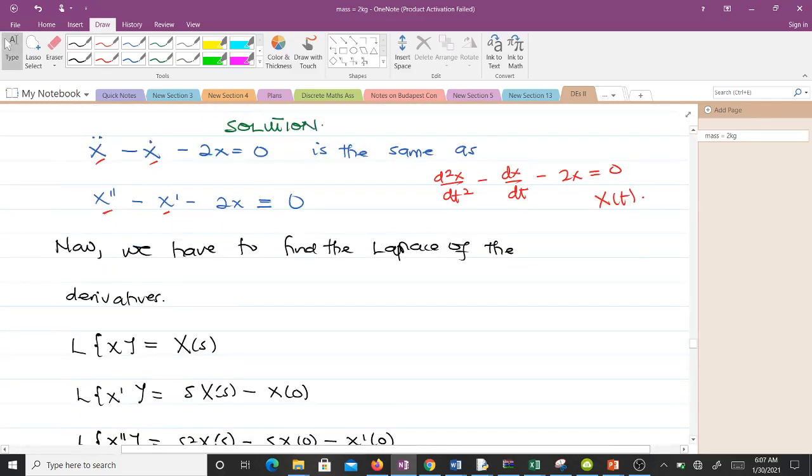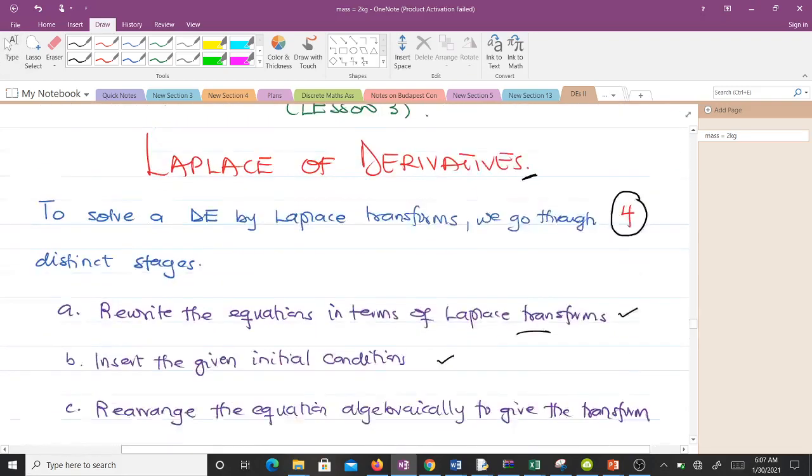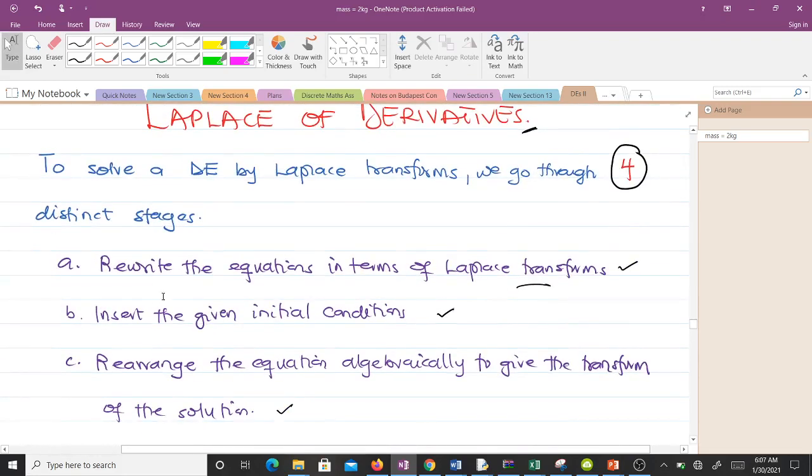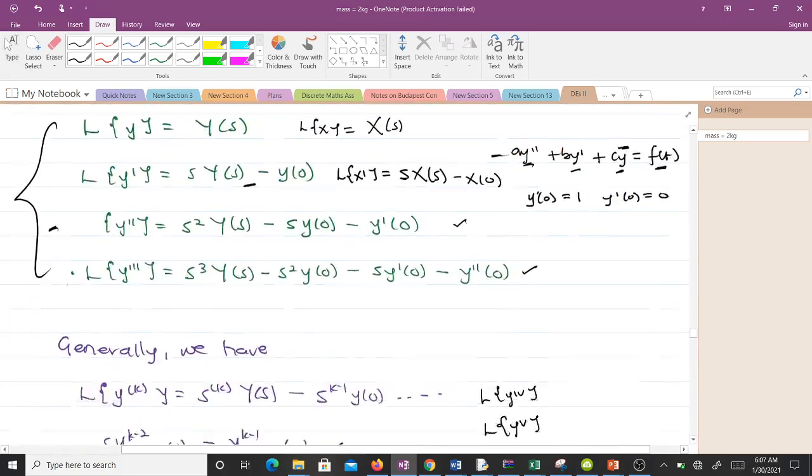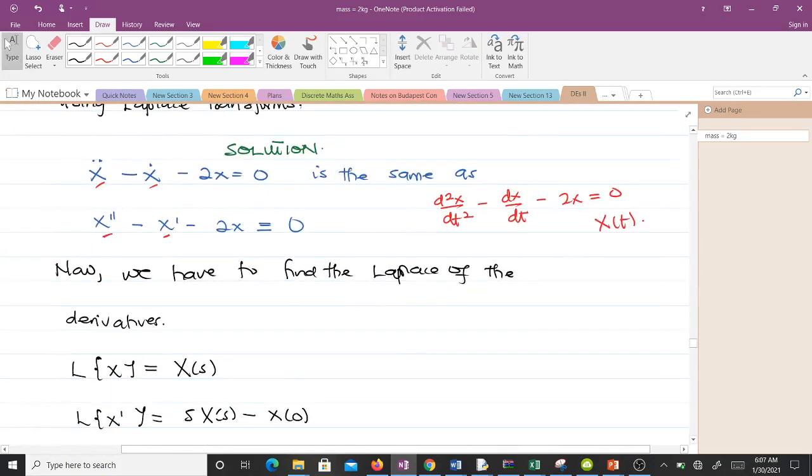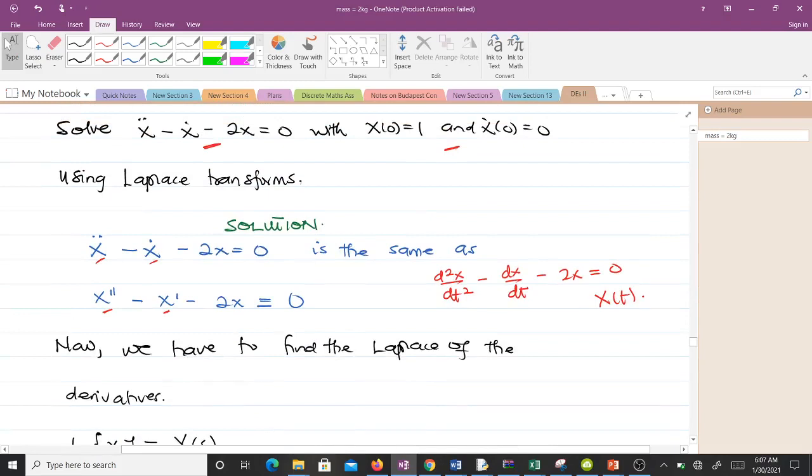So the first thing that we do, do you remember the 4 stages we talked about? You first rewrite the equations in terms of Laplace transforms. So that means the first thing that we have to do is to find Laplace transforms of the derivatives and every function there is.